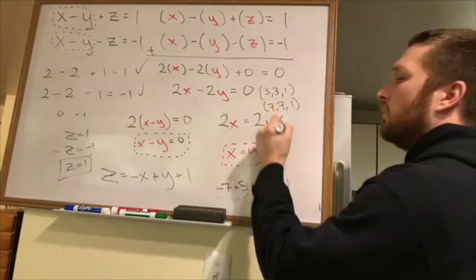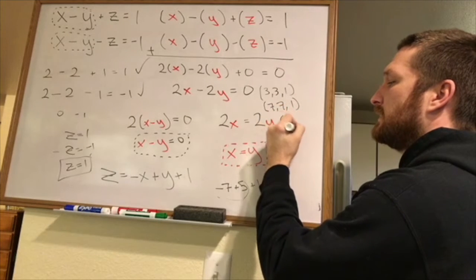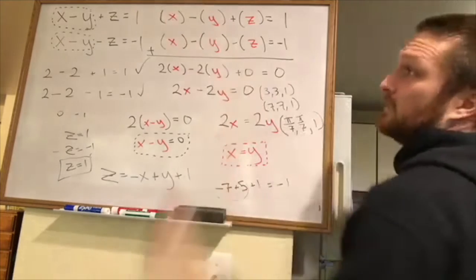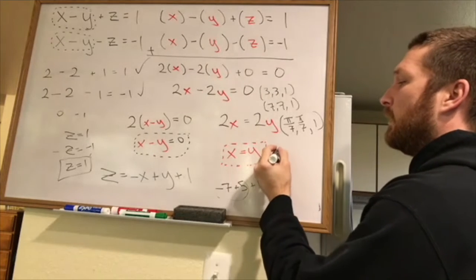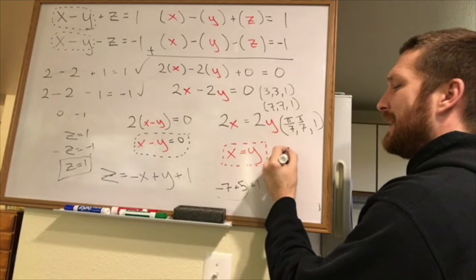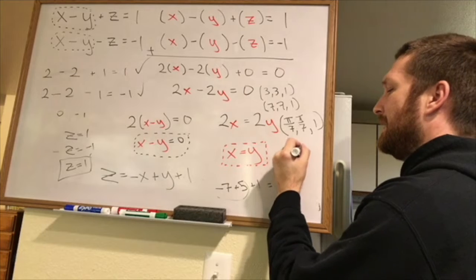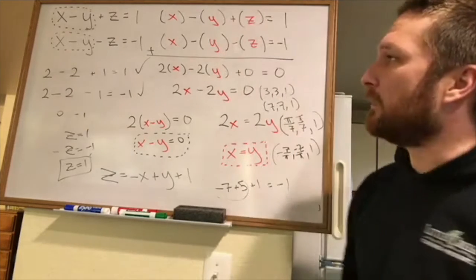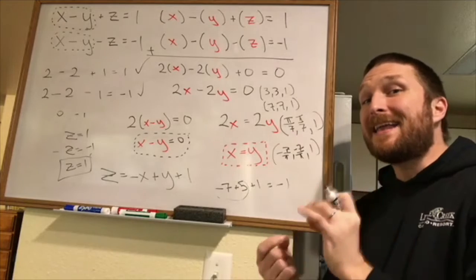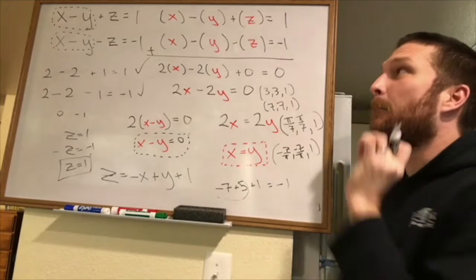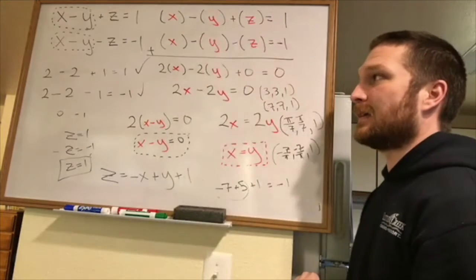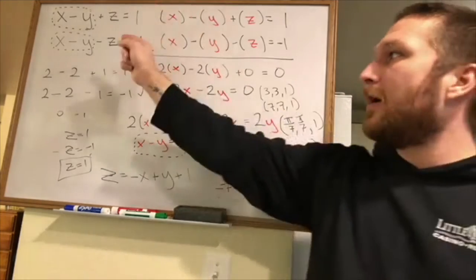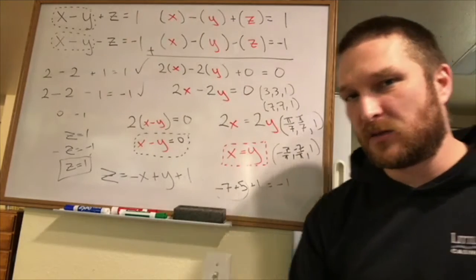You could have the point pi over 7, pi over 7, 1. It's going to work in both of those. How about -7 over pi, -7 over pi and 1, and it'll work in both of those. So there are infinitely many points that satisfy this, right? That make both of these equations simultaneously true.